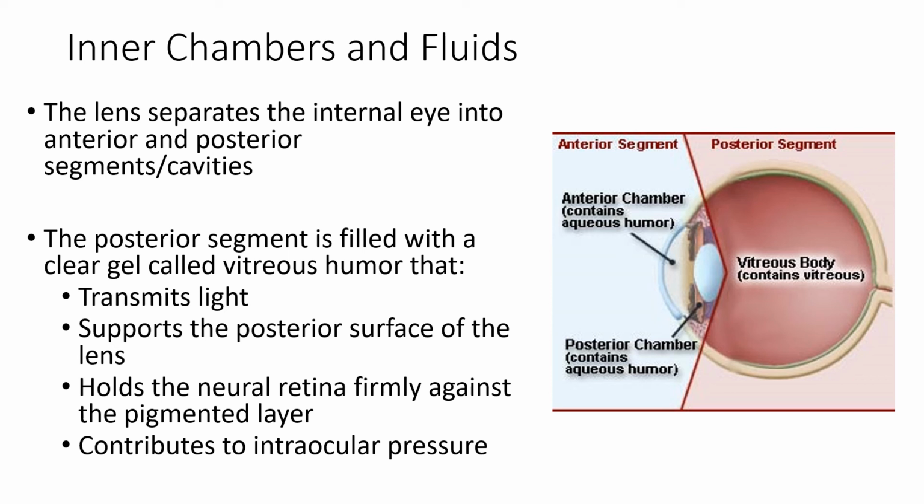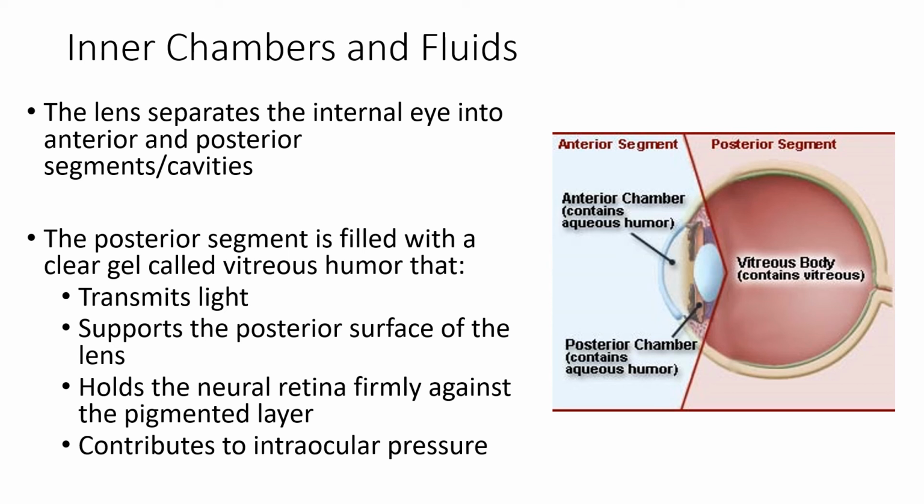And then in front of the iris, we have what's called the anterior chamber of the anterior segment. And that can be kind of confusing. And if you're looking at different sources online and so on, you'll find that some people do misuse these terms, but I'm going to use the terms as they're presented in this diagram here.